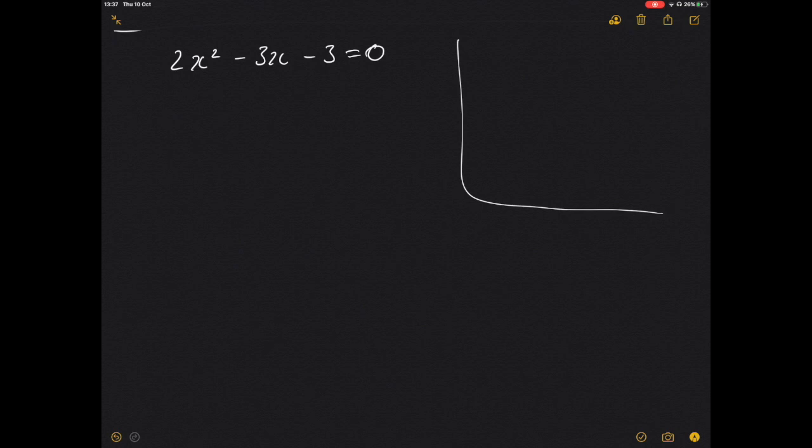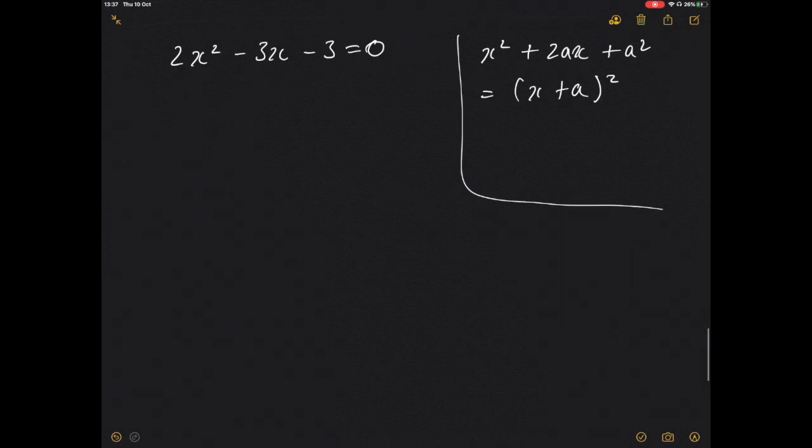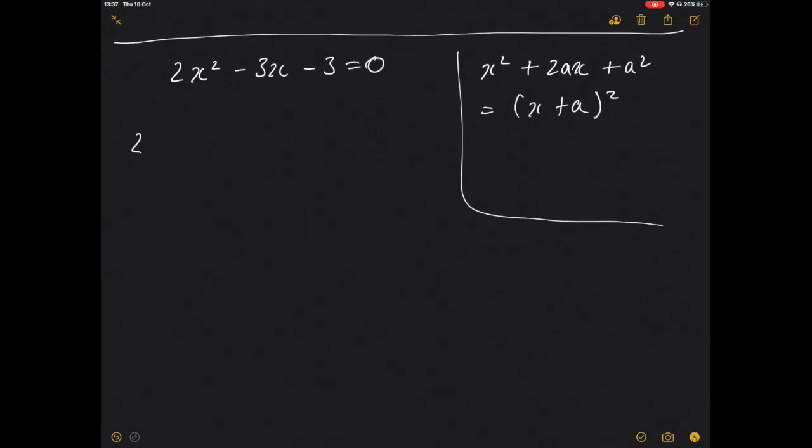So let's get our equation back up we had before: x squared plus 2ax plus a squared equals (x plus a) squared. Okay, so first thing we want to do here is take a 2 out of the brackets like we did earlier. So 2 times x squared minus 3 over 2 x, and we're going to have another minus.